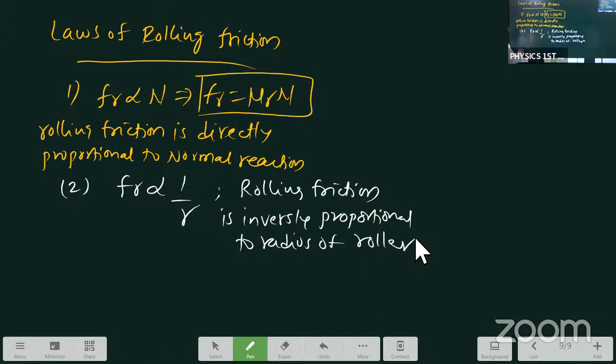If possible, for one more to be on the safe side, write: rolling friction increases with increase of contact area. Contact area and rolling friction are both directly proportional.